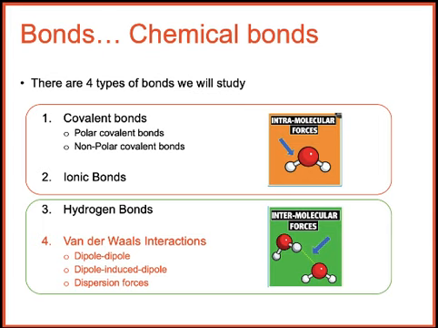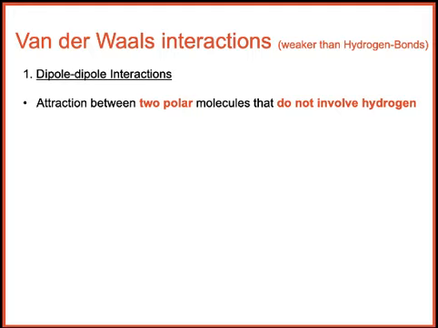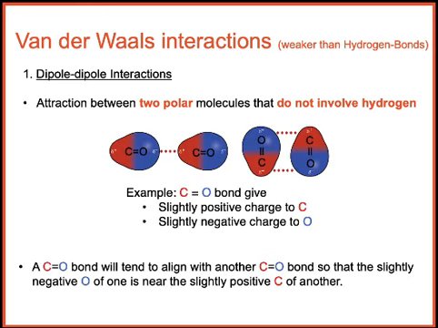Now these van der Waals interactions are still intermolecular forces. There are three of them. The first one is called dipole-dipole. These are much weaker than the hydrogen ones, all of these three van der Waals ones. Dipole-dipole interactions are attractions between two pairs of molecules that do not involve hydrogen. So look here, for example, a C-O bond.